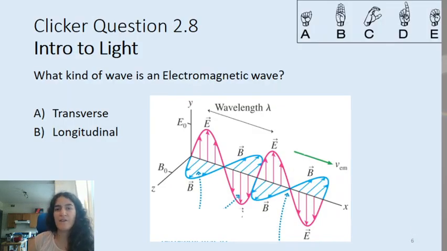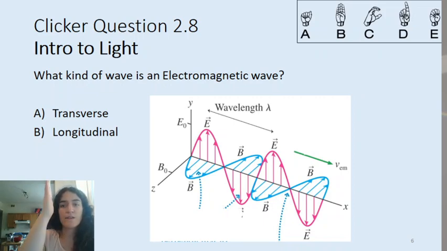Okay, so here's our first picture of an electromagnetic wave. So notice that it has an electric field E that's plotted in pink, a magnetic field B that's plotted in blue. And really what is changing, what's the disturbance, is the magnitude of the electric field and the magnitude of the magnetic field. But notice that they are always perpendicular to each other, right?